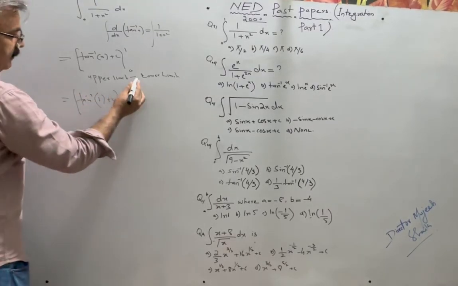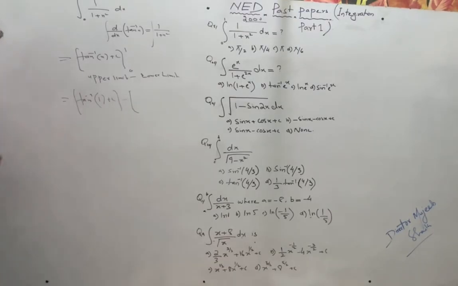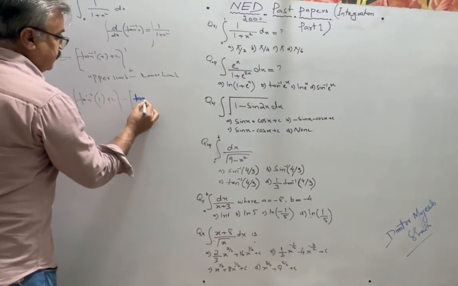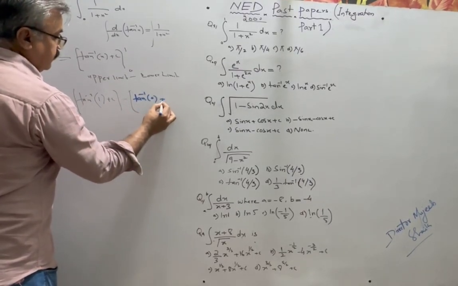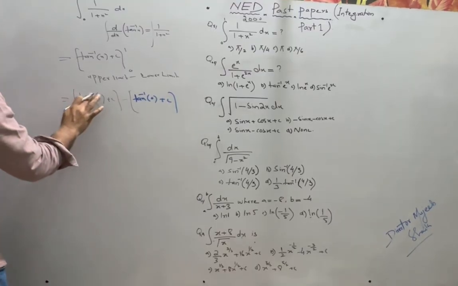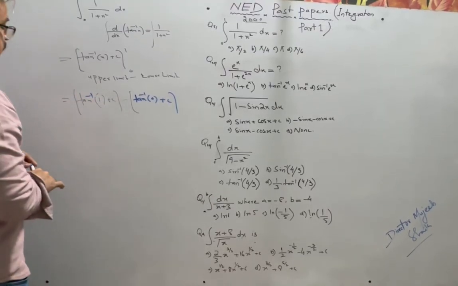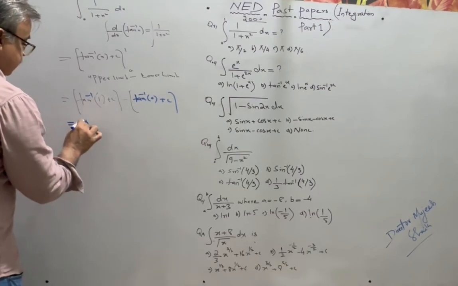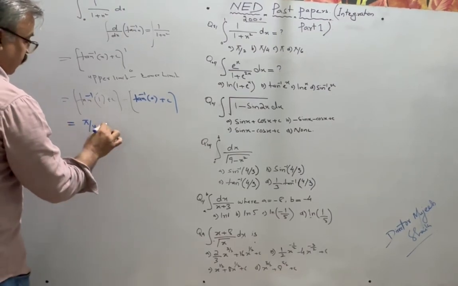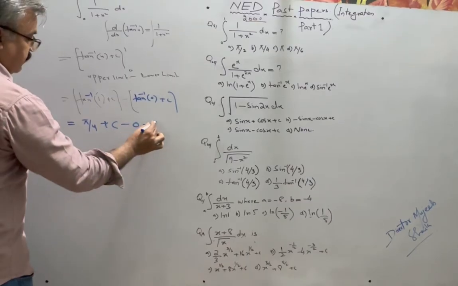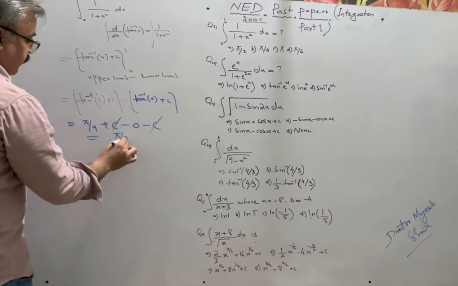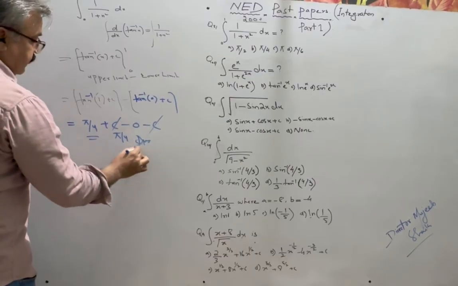This is upper limit minus overall function to be taken at the lower limit, that is tan inverse of 0 plus c. We are familiar in which angle value of tan is 1. That is definitely 45 or pi upon 4, plus c minus 0 minus c. C cancelled out. That is pi upon 4 is our answer.